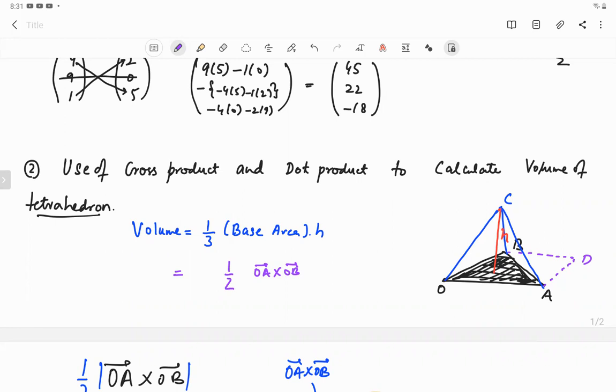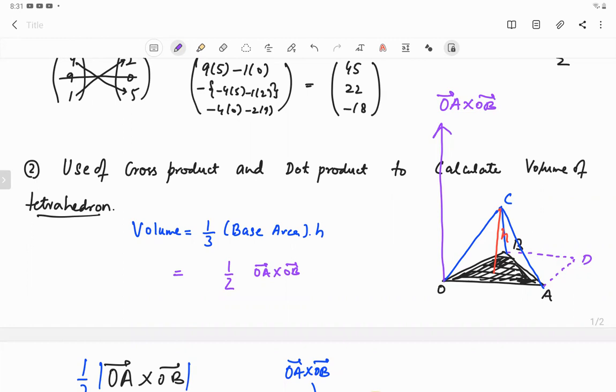Since we haven't calculated its magnitude, it's still a vector, and this is a vector which is perpendicular to the plane containing OA and OB, okay?